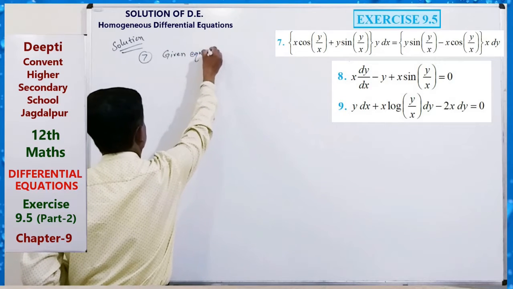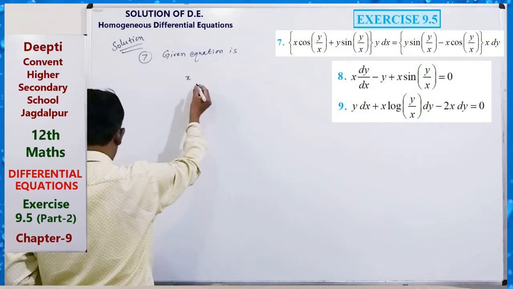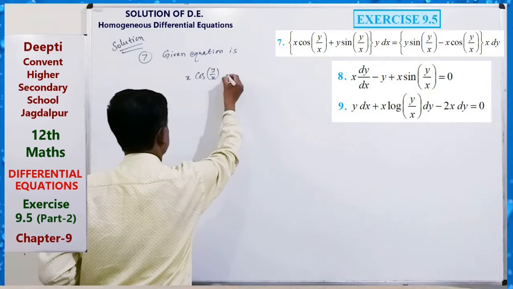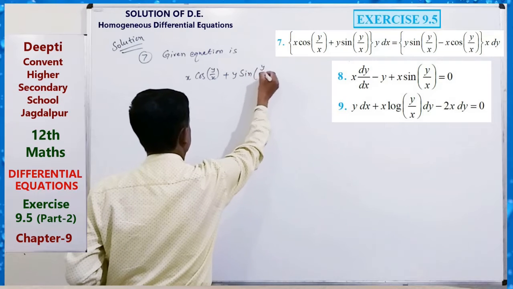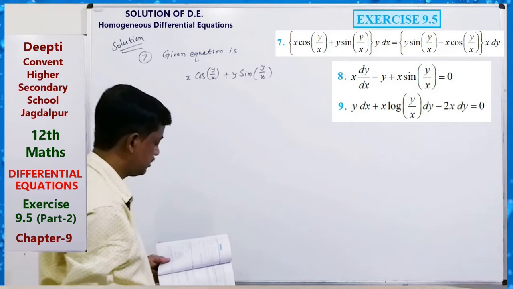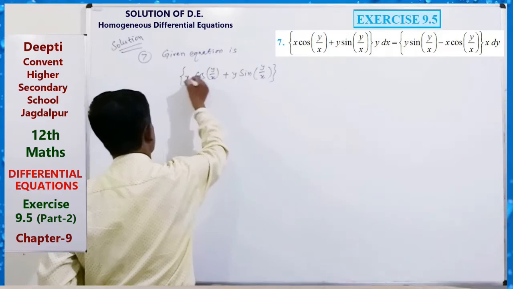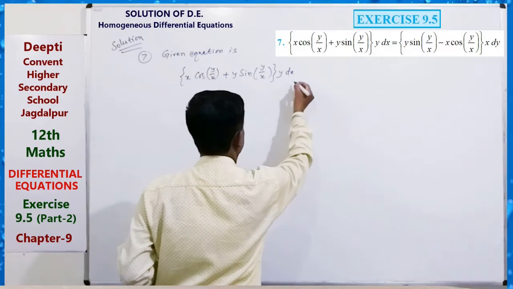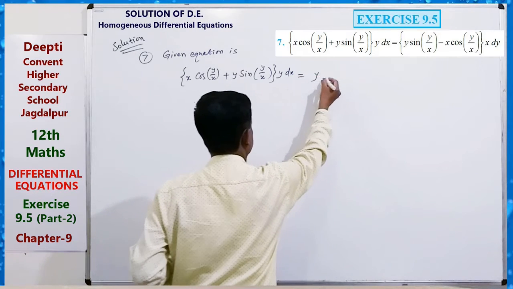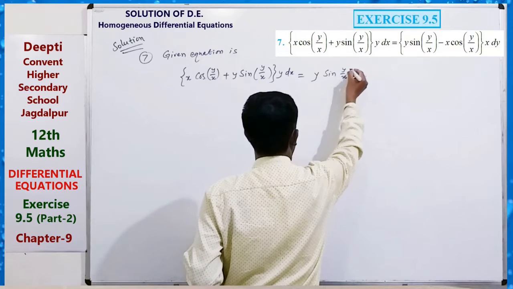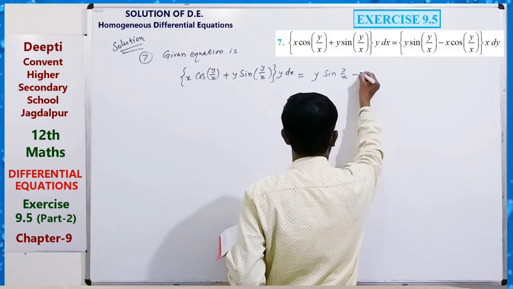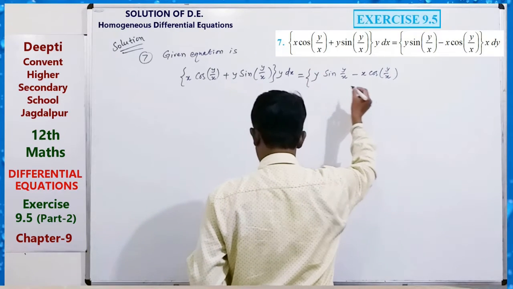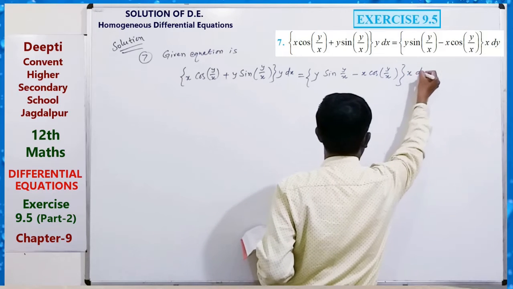The given equation is x cos y by x plus y sin y by x, into y dx, equals y sin y by x minus x cos y by x, into x dy.